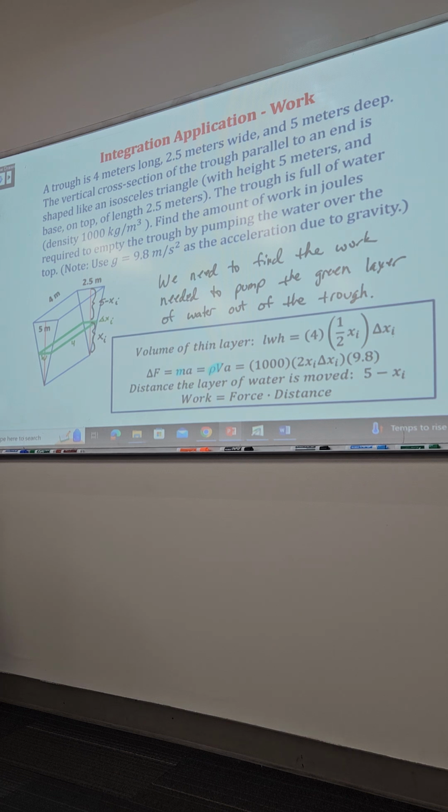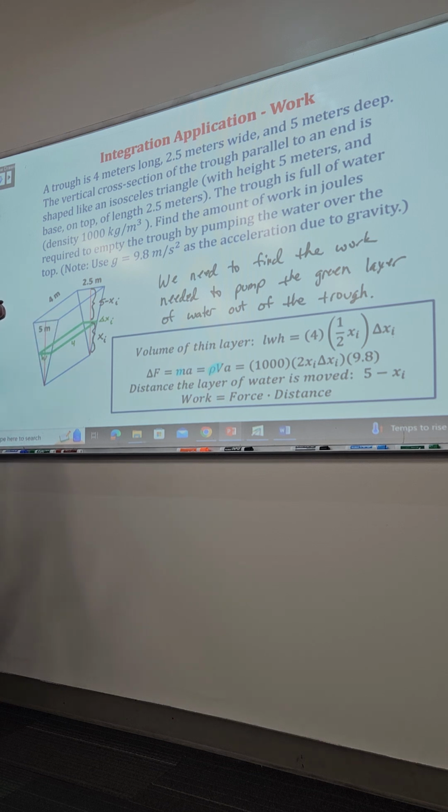So here we go. Integration application work. Now we got this trough. A trough is 4 meters long, 2.5 meters wide, 5 meters deep. The vertical cross section of the trough is a triangle, which the length of it is 5 meters and the width of it is 2.5 meters.